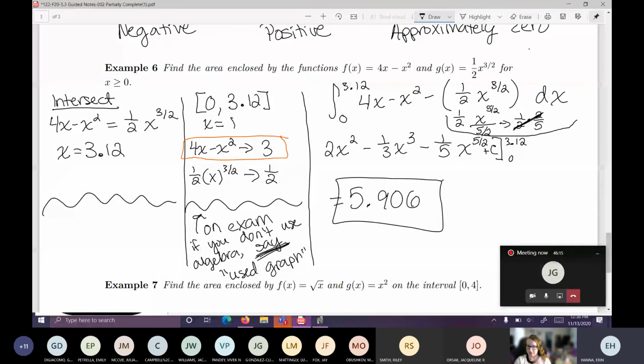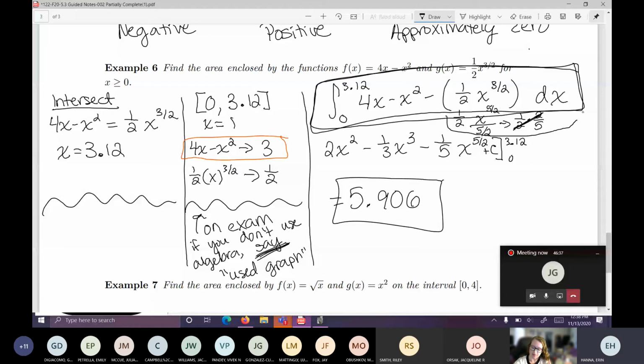Or you can draw the graph, that also works. But I need you to at least tell me that you did something to find which one was on top of the other. And my instructions usually say that, but anyway. So I need to see the work for the intersection, top versus bottom, and then I need the setup.